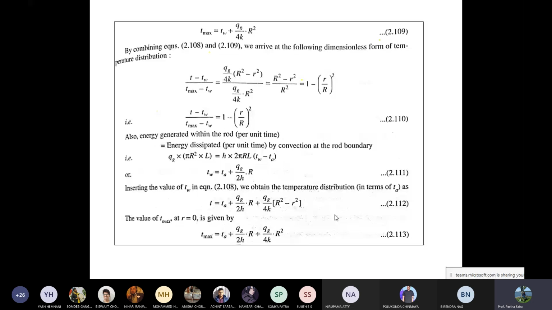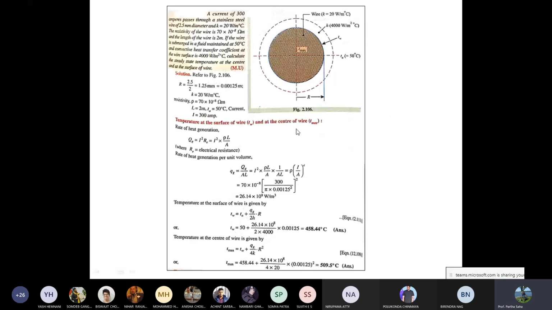So let us look into a couple of numericals, so it becomes easy for you.